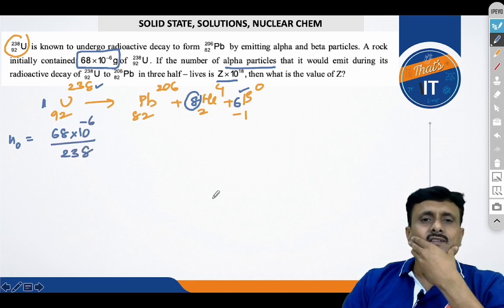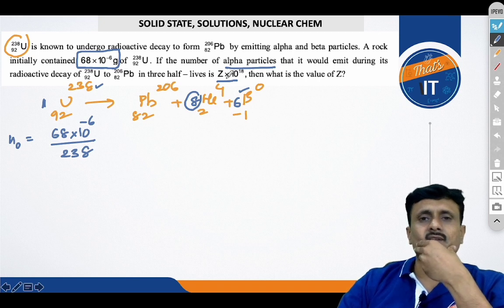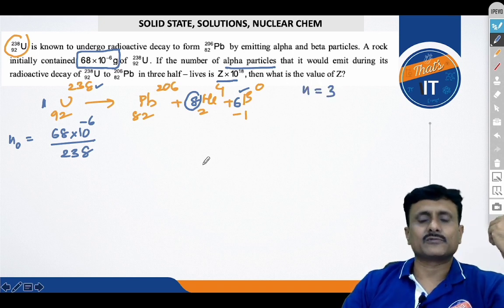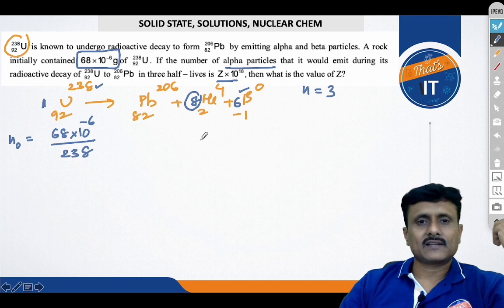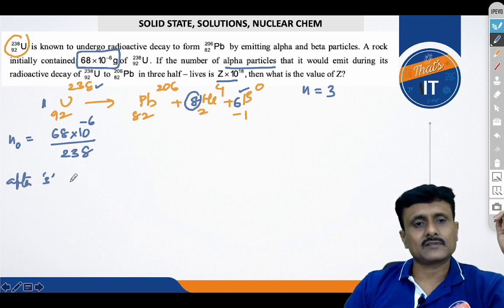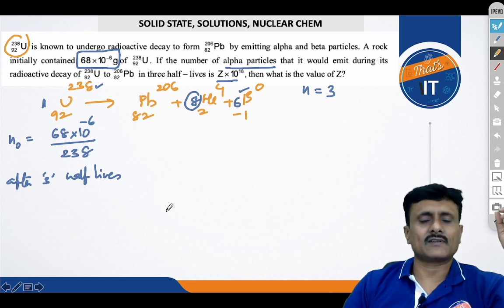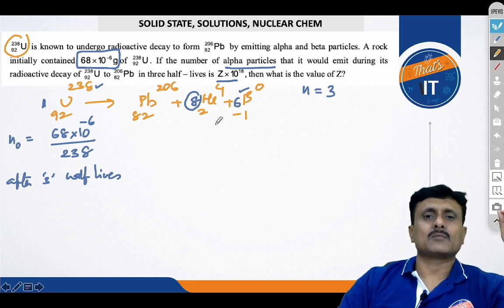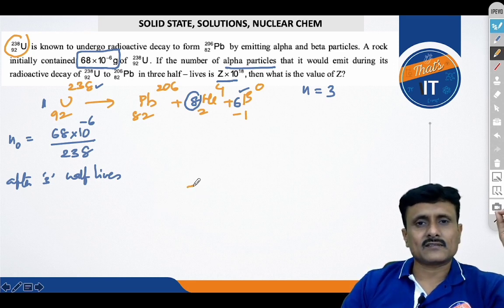Now it's being given that the number of half-lives, that value of n, is equal to 3, and the number of alpha particles which are obtained after 3 half-lives, right? After 3 half-lives, you have to write the scenario or situation here, right? Now after 3 half-lives, you can see that the number of alpha particles which are obtained are z into 10 to the power 18.